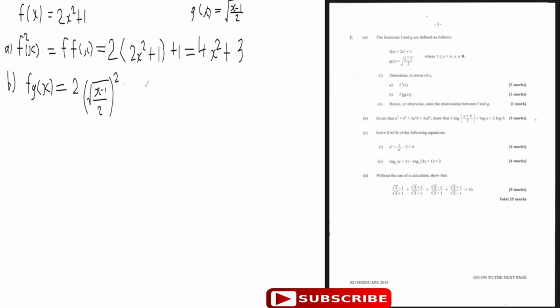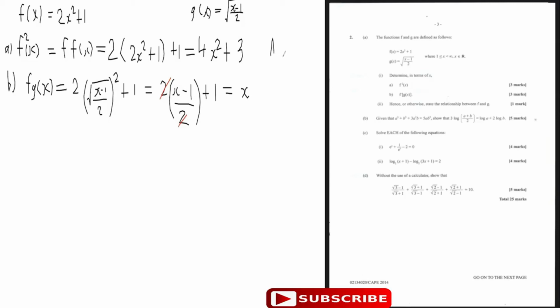When we work that out, the square cancels the square root, so we're just left with 2 times x minus 1 over 2, plus 1. The 2 cancels this 2, and then x minus 1 plus 1 is just x. So fg of x is x.